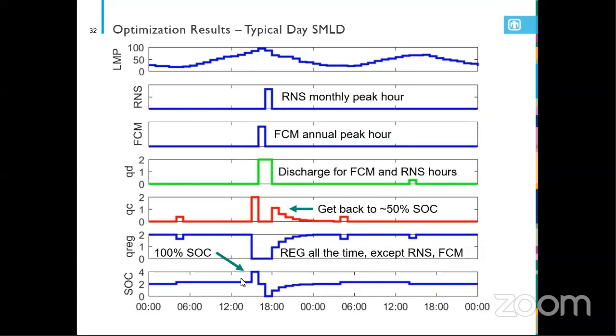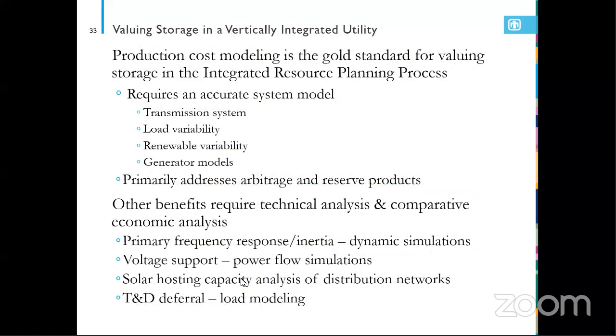For this particular day of the year, the monthly peak hour happened to be right next to the annual peak hour. So you discharge for those 2 hours, harvest the benefit from those two, and then go back to doing frequency regulation all the time. If you don't hit your peaks, you don't get that revenue. Like I said, it introduces a forecasting challenge, and it can make stacking benefits a little difficult.